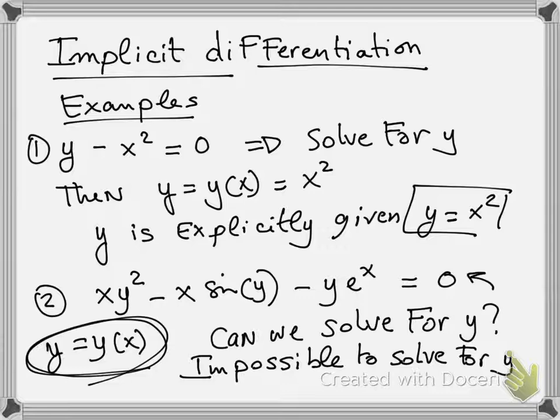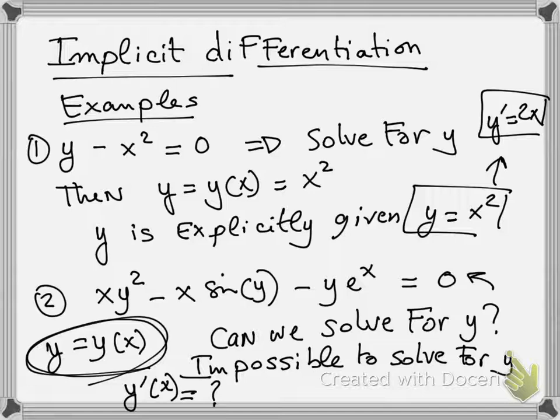So here, of course, y is x squared, so y prime would be just 2x, right? You know the derivative of y here, it's very easy, right? But then the question here: what would be the derivative of y with respect to x, y prime of x? Again, you don't know the explicit expression of y.